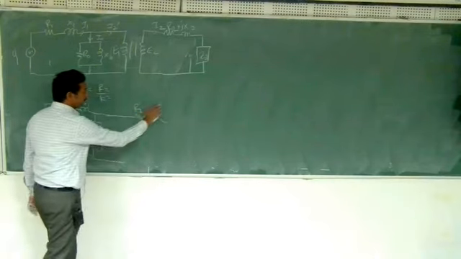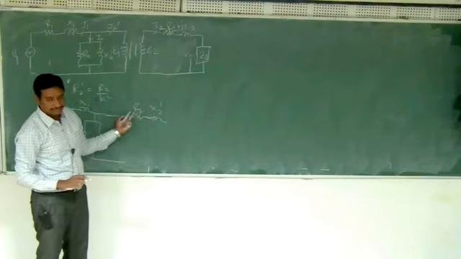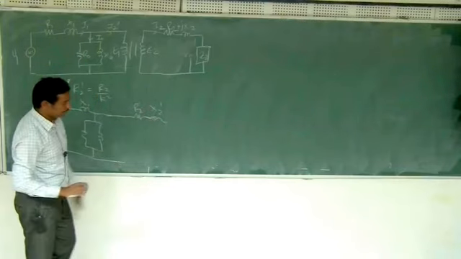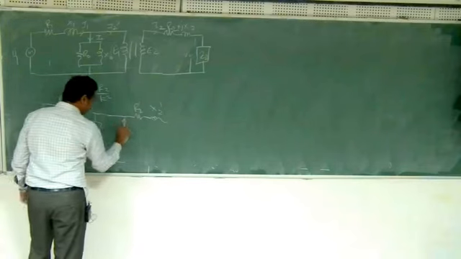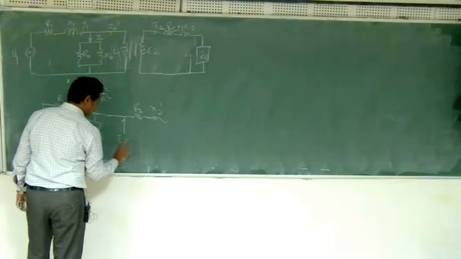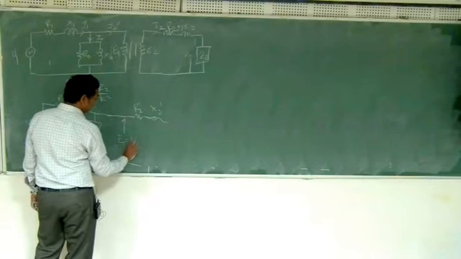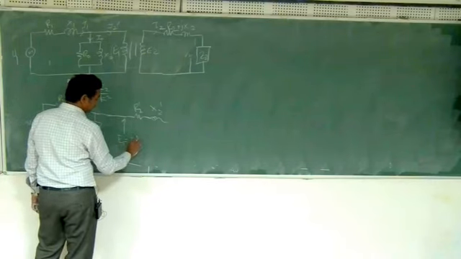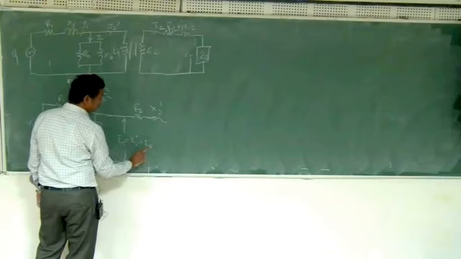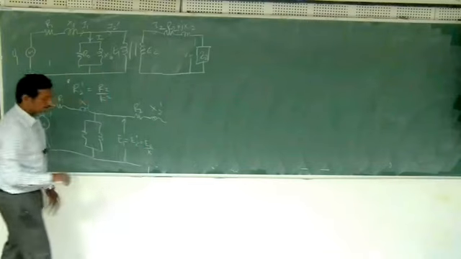So mathematically R2 dash is R2 divided by K square, X2 dash is X2 divided by K square. Now what do you call this voltage? E1. And this will be E2 dash, which will be E2 by K.